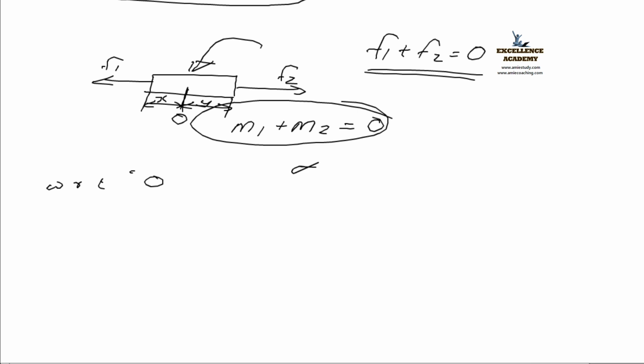Once again, I shall give the question. Say this is a body and the force F1 is acting here and F2 is acting here, and I take a point O there, at a distance of X from F1 and Y from F2. I want to find the moment of this body with respect to O. Can you find it?